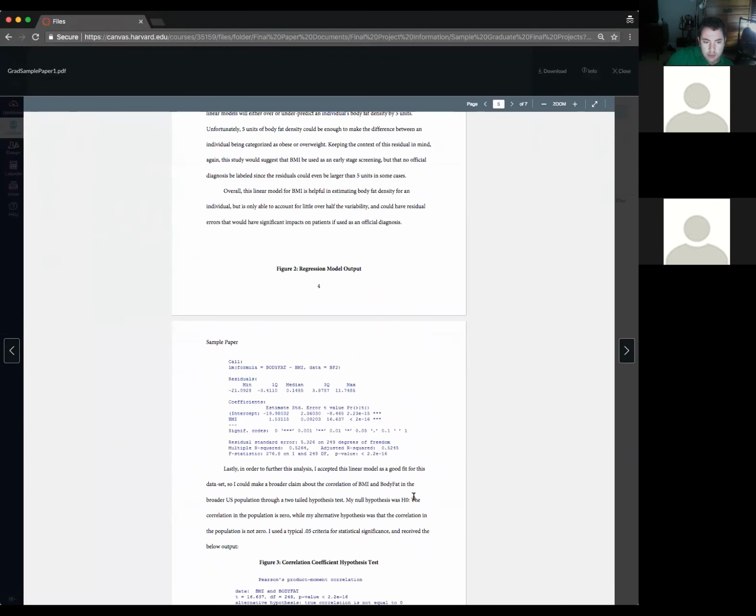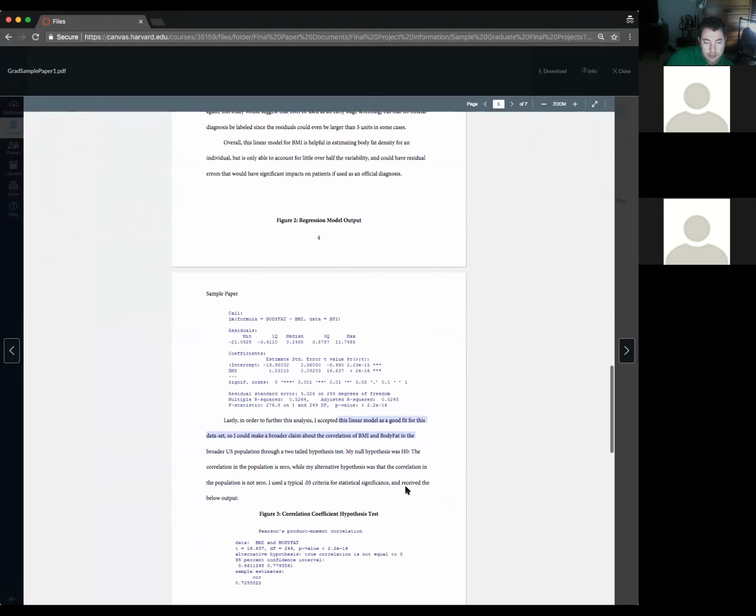And they included the regression output here. So the student says that it is a good fit for the data set.